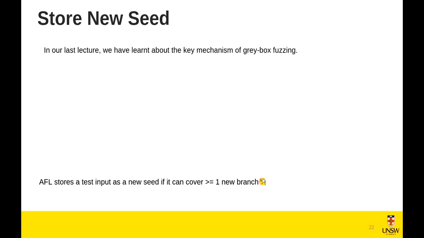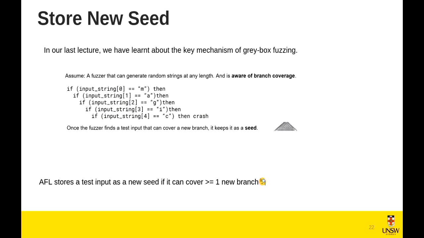And this is how we reach the conclusion. In our last lecture, we learned about the key mechanisms of gray box fuzzing, and this is a screenshot from that lecture. In the third example, the fuzzer can actually deal with this very complex nested if.